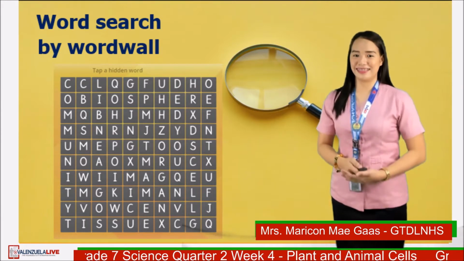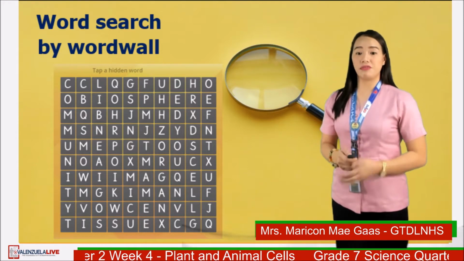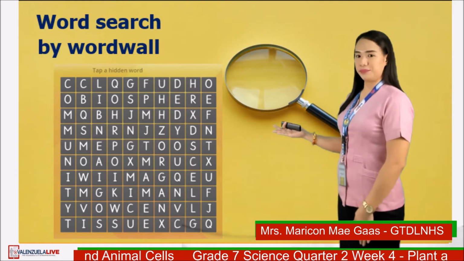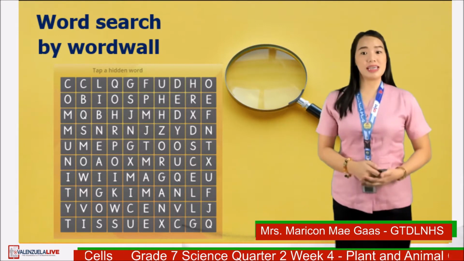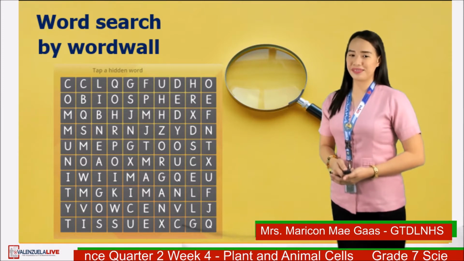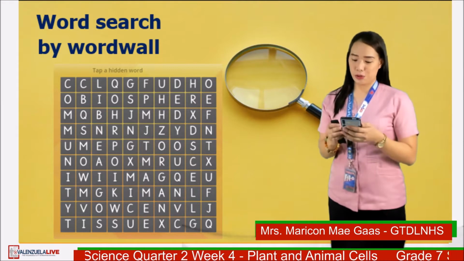Ready? Let us now start searching for these 5 words. Look to our puzzle. Do you see now those 5 words related to our topic last time? Let me see the comment section.